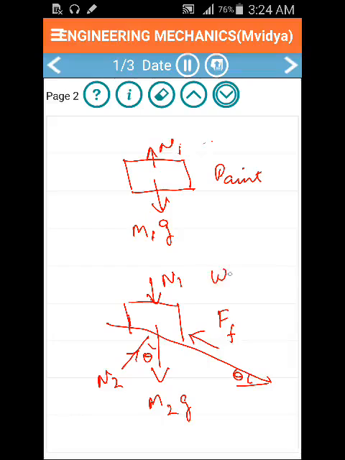Coming to the wooden block, the normal force N1 on the wooden block acts downwards. So the paint box is exerting a normal force downwards. M2G, that is the gravitational force, 1.2 kilos, is acting again downwards.